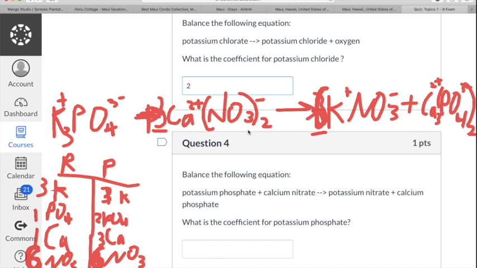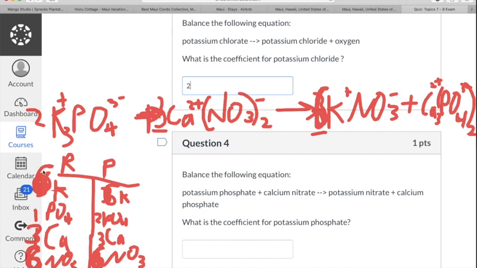So I'll have 6 NO3s here. I'll have 3 Cas. Isn't that convenient? Because I have 3 Cas on the other side. I have 6 Ks right here. So that means I better double everything right here. So I get 6 Ks here. It's supposed to be a 6.